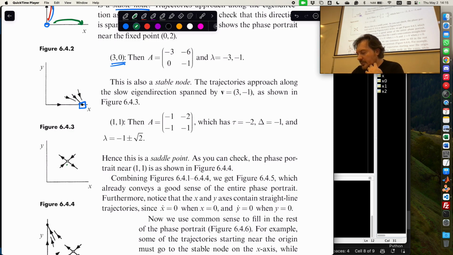A saddle point could be a nice solution where you have both rabbit and sheep. But unfortunately, it's a saddle point. So if you start from here, you go here. If you start from here, you go here. Start from here, you go there. Start from here, you go there.